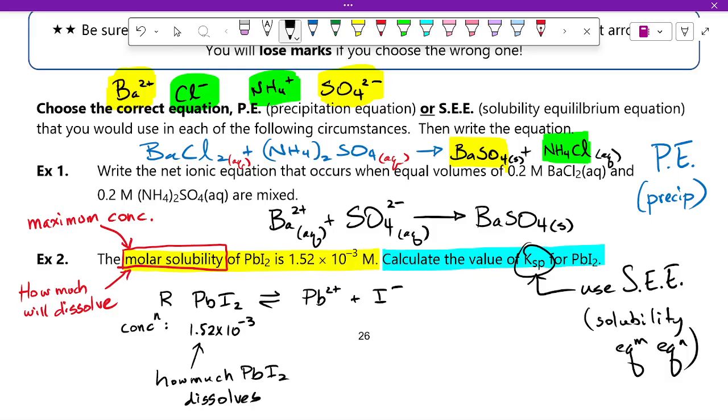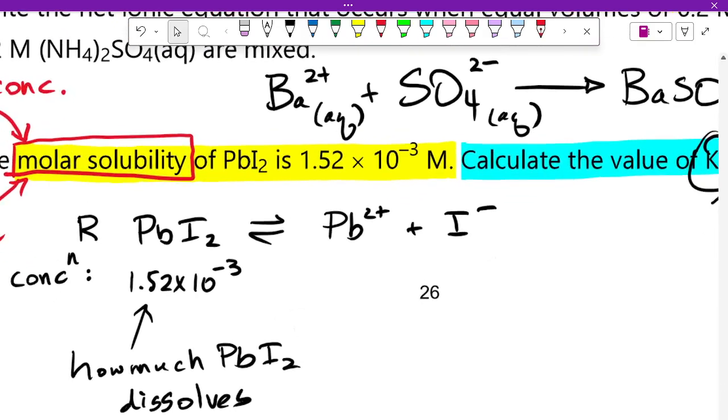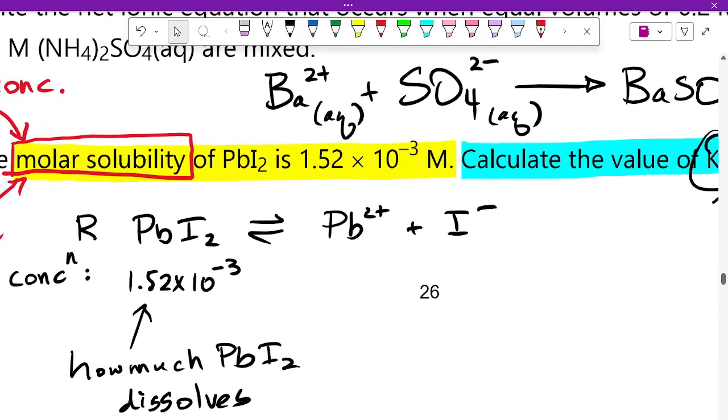No, I didn't. What did I do wrong here? I missed so many things. I got so excited that I missed, what did I miss in my solubility equilibrium equation? I missed my states, solid, aqueous, aqueous. What else did I miss? I missed the 2 before the I.